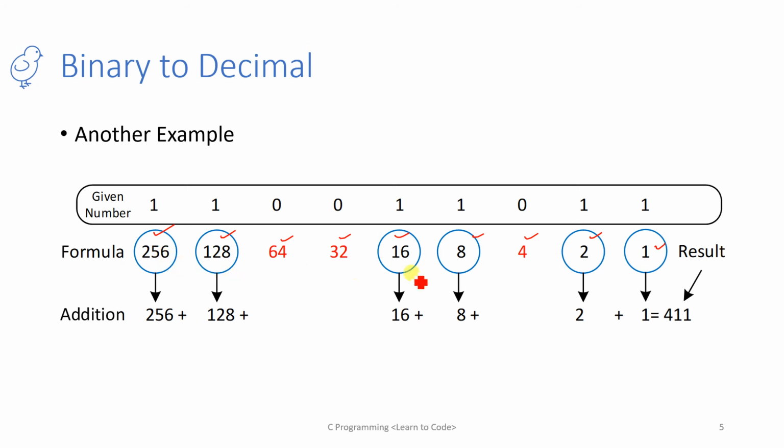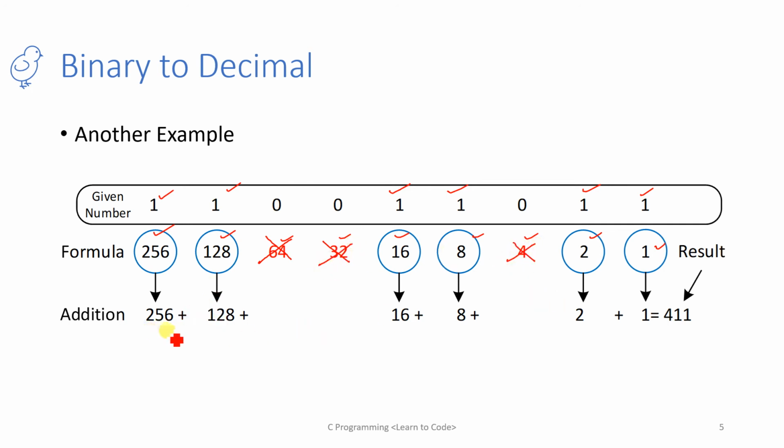After writing those formula numbers, wherever there is a 1, I will circle the formula number. So here it is 1, here it is 1, here it is 1, and here, here and here. All these numbers I have circled. The remaining numbers, those below the 0s, must be discarded.